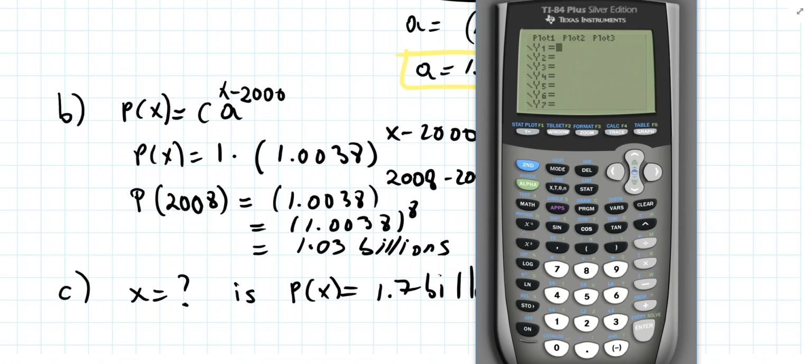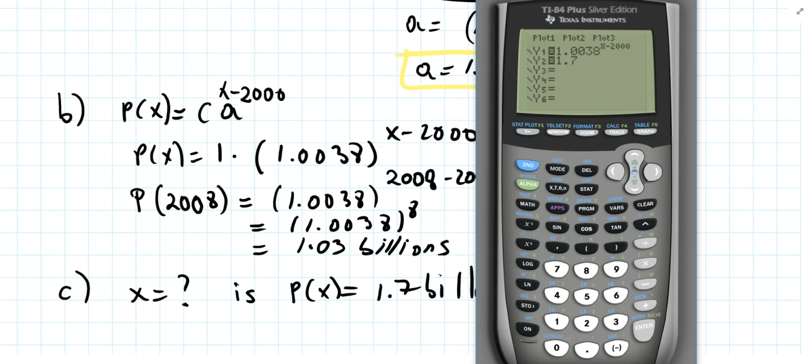So in Y, I'm going to put the formula of P of X, which was 1.0038 to the power X minus 2000. And then in here, I'm interested to see when the output is equal to 1.7. So I need to see the intersection of these two, just like in the previous one.